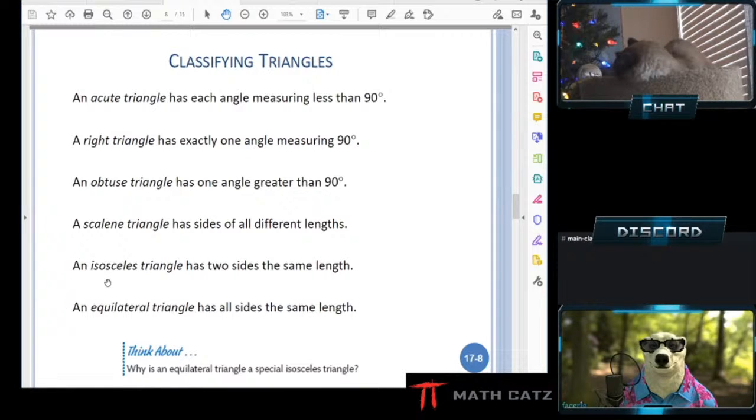An isosceles triangle doesn't require that only 2 sides be the same length and the other one not. It just says 2 or more sides should be the same length. Maybe just 2, but maybe all 3. So an equilateral triangle is a special kind of isosceles triangle.